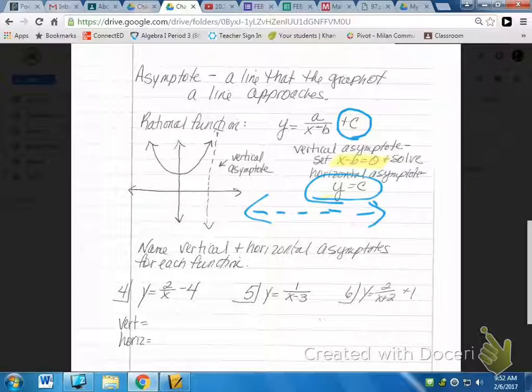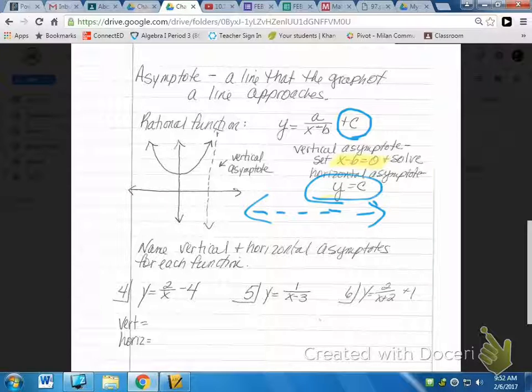If there's no number at the end, what number should you assume is there? 0, and therefore your horizontal asymptote would be at y equals 0. Right now we're going to skip to where I said we're going to have a guest teacher showing you how to graph some of these, but first we're going to name the vertical and horizontal asymptotes for each function.